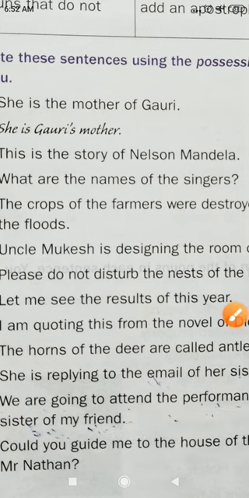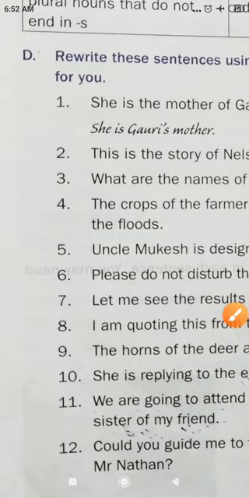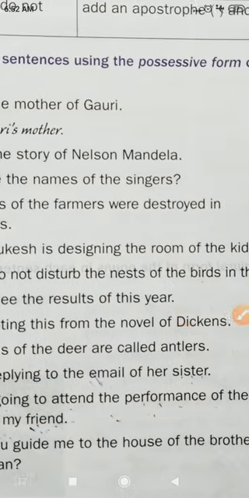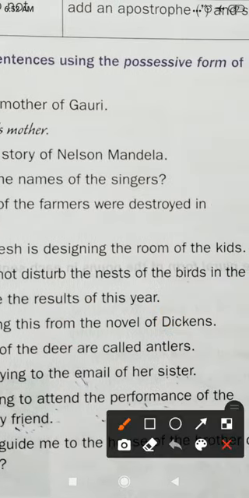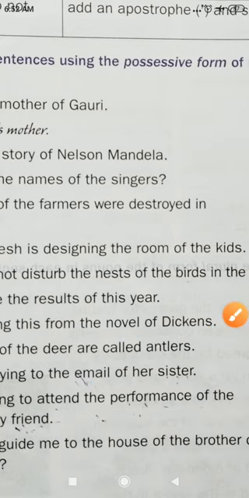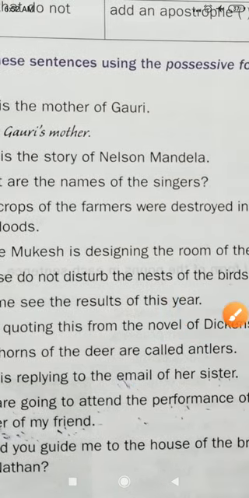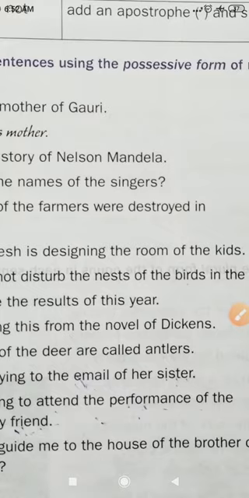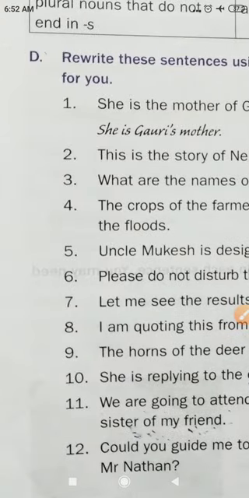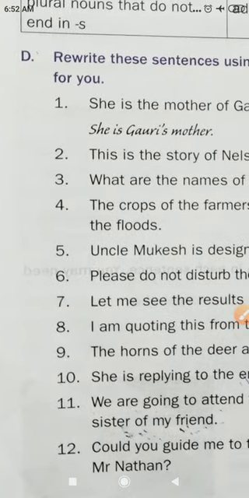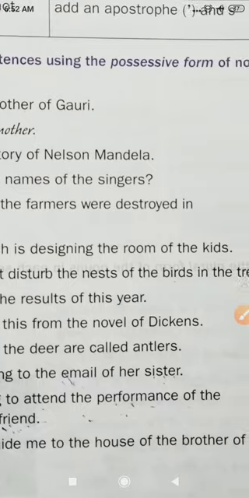Okay. Now another question. I am quoting this from the novel of Dickens. In this sentence, we can write Dickens's novel. I am quoting the Dickens novel. Now another example. The horns of the deer are called antlers.